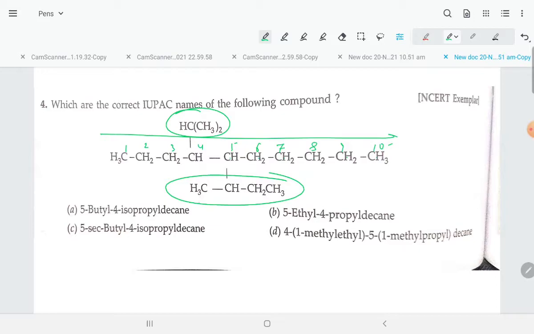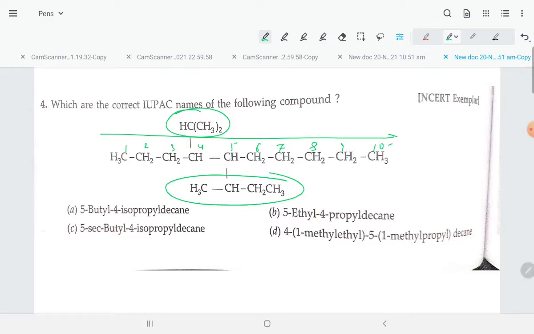So what can we do to write the name, friend? What are the possibilities? If you are going for this compound, the downside one, so how can we write the name of the downside compound, student?